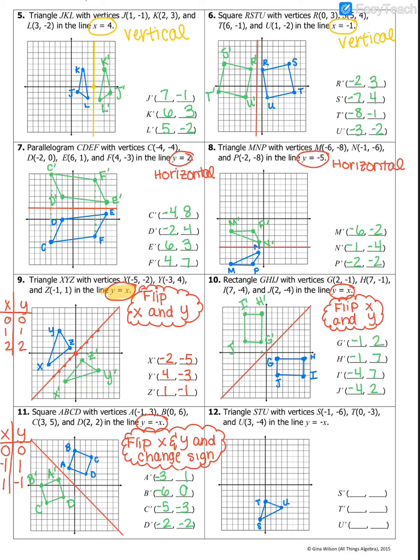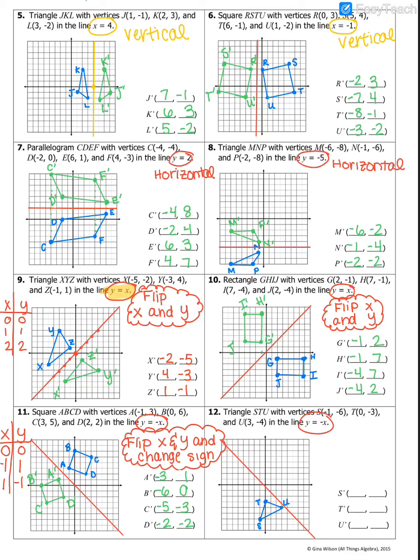And one last time, I just want to do this with you just so that you know what to do. Okay, same deal, same line with the next one. We're still going to use y equals negative x. It does not change. It looks like the same line, which is sloping like this. So we're going to flip-flop our x and y and change their signs.